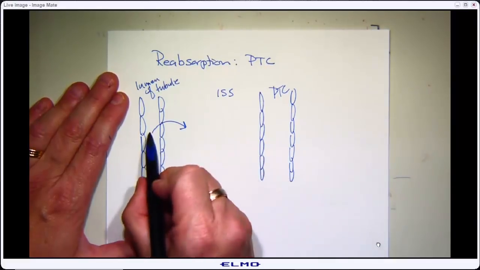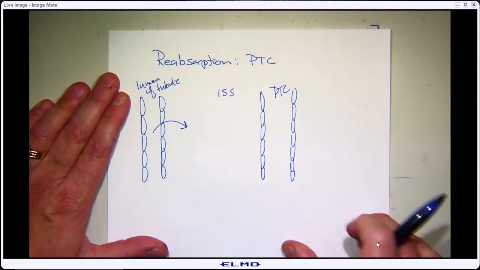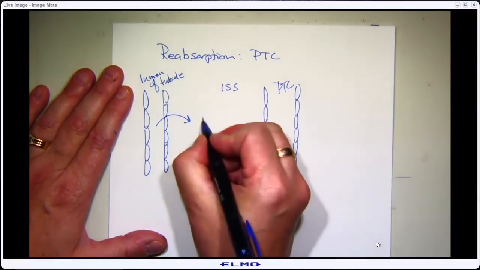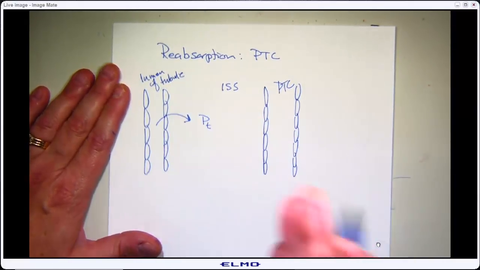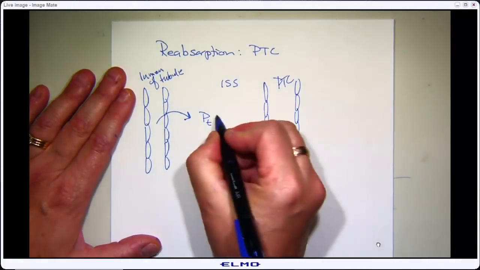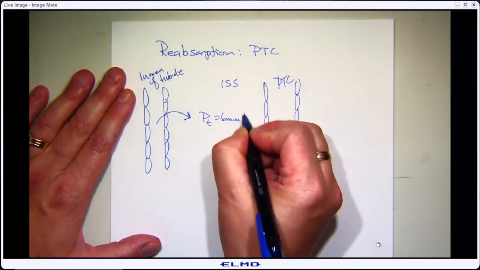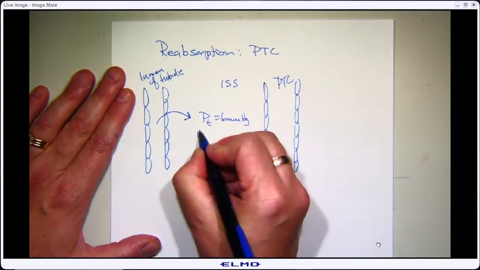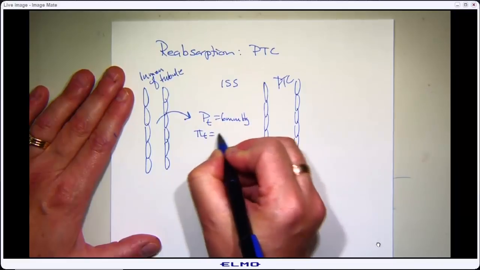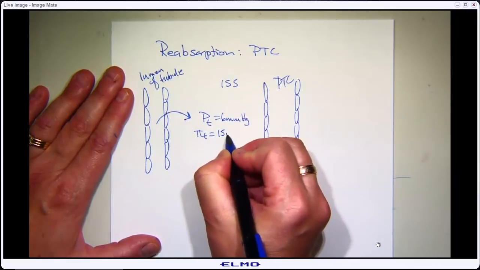So let's leave this discussion for a little bit later and know that in our interstitial space we're going to have a hydrostatic pressure. And we're going to have an osmotic pressure. It's not really different than those that we've seen before.